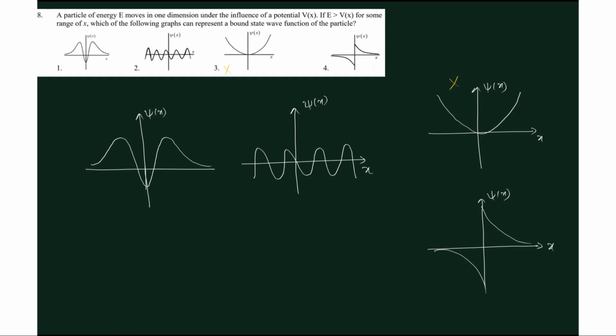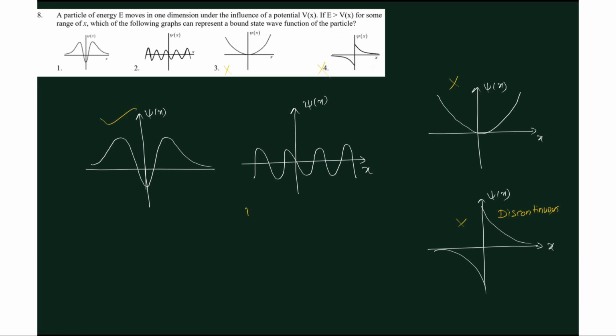And here this is also invalid because psi is discontinuous. Now come to this 1 and 2. For 1, there is no issue because it is coming to 0 here. Everything is satisfied.